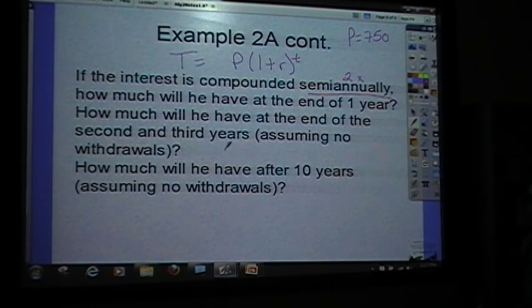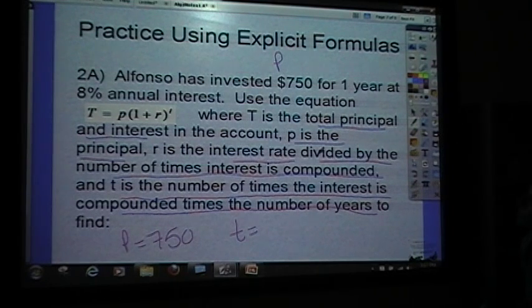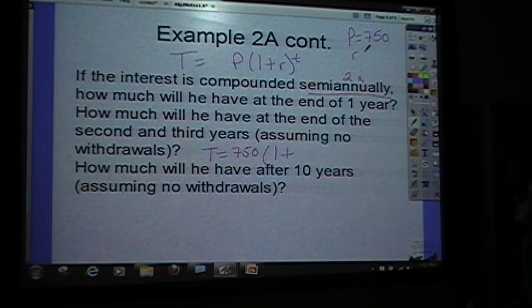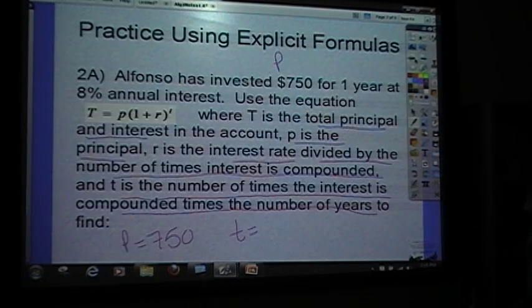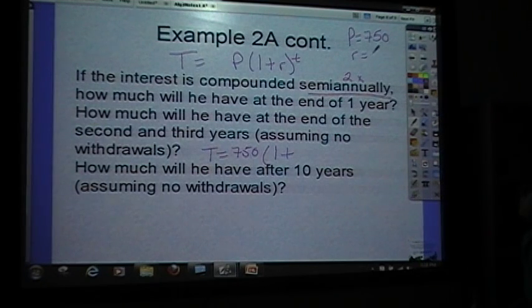Okay, so let's figure out how much you'll have at the end of 1 year. So T is, principal is 750 times 1 plus R, where R is the rate divided by the number of times it's compounded. The rate was 8, so 0.08 divided by 2, which is 0.04. So the rate is 0.04.